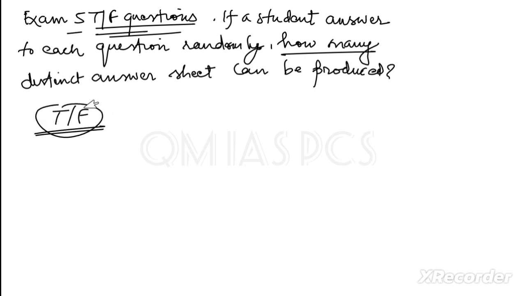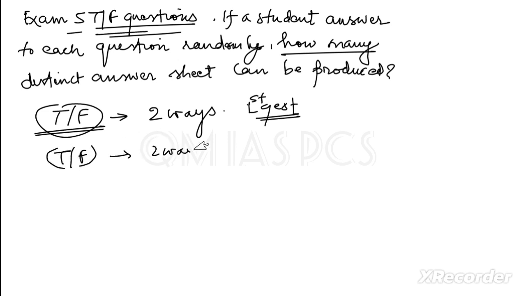In the first question, either true or false is possible, right? There are 2 ways to answer the first question. For the second question there are another 2 ways to answer. Like that, for 5 questions there will be 2 ways, then again 2 ways, then again 2 ways.